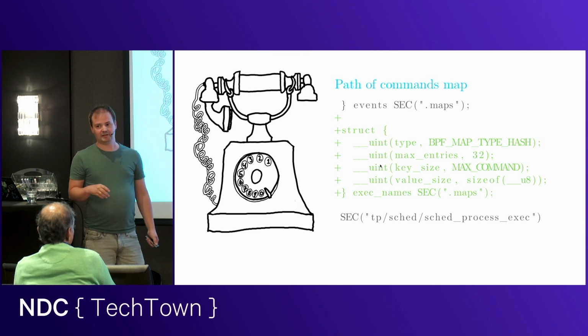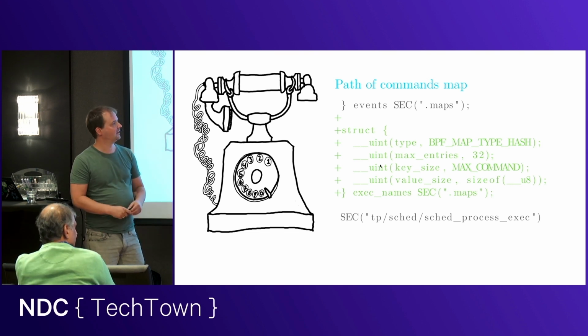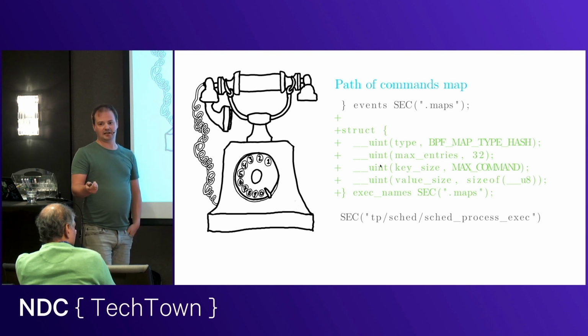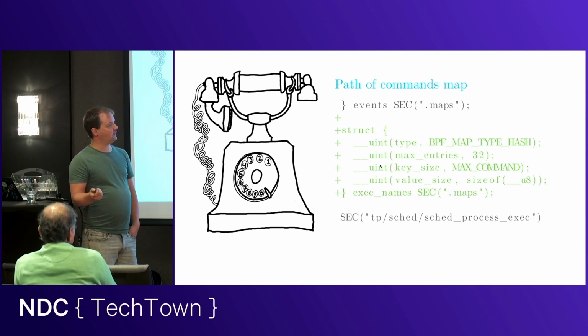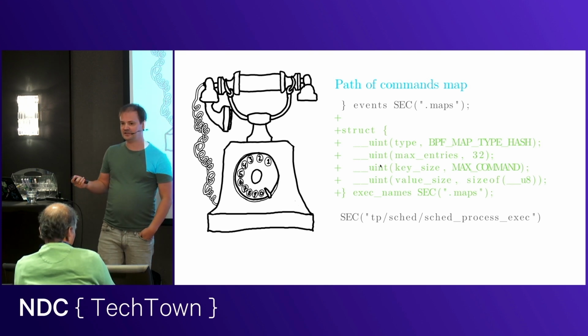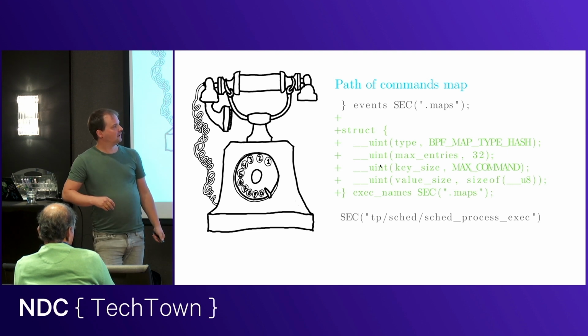So like we did with the ring buffer, we create something in the maps section, but this time we make a map of type hash, where we have a maximum of 32 entries. This can of course be adjusted if you need more.